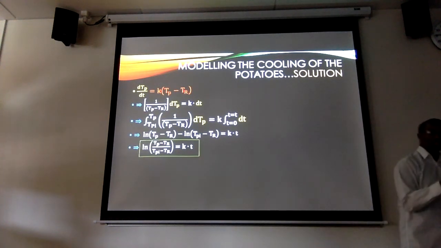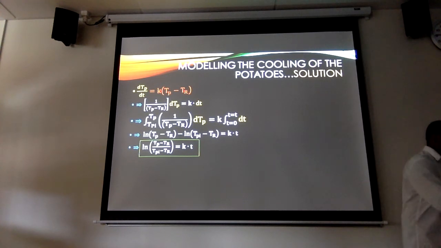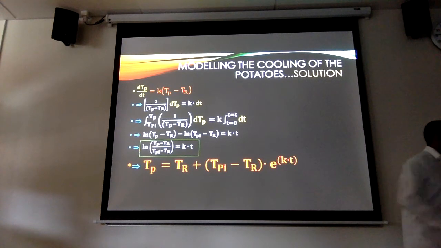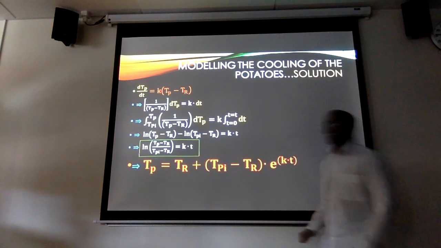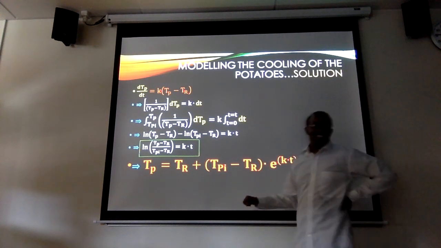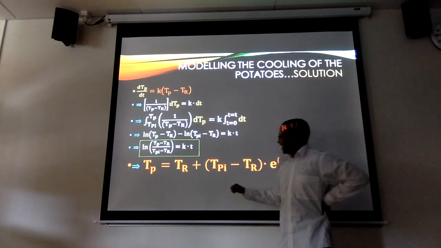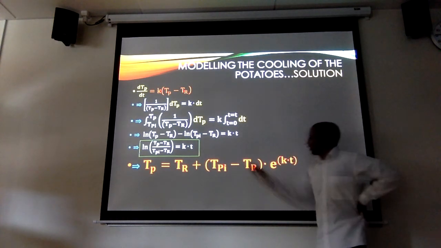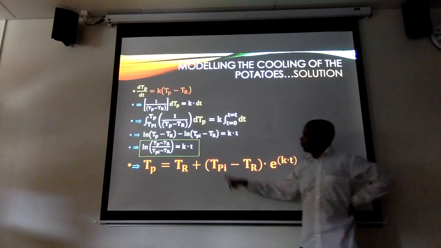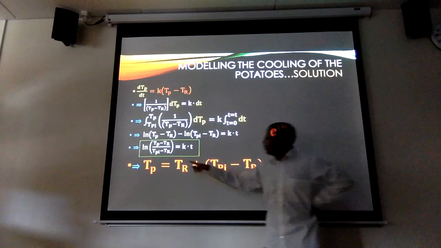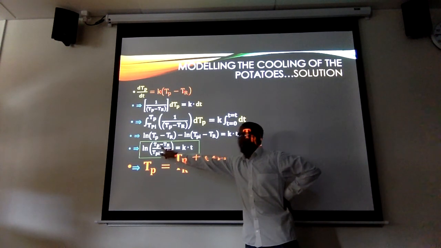Unfortunately, for the next step, I did skip a number of steps because I thought it was going to be too long. Let's try. With this equation, what we want to do is rearrange for Tp.